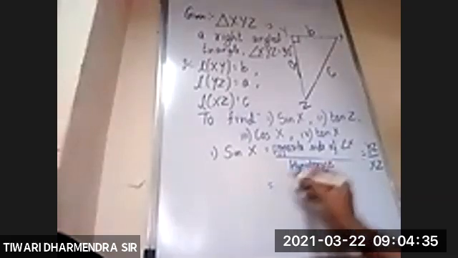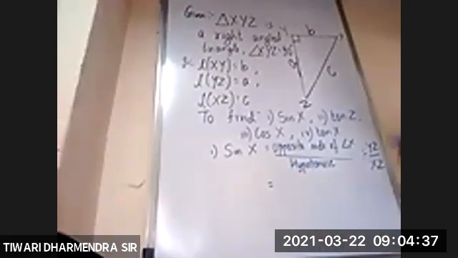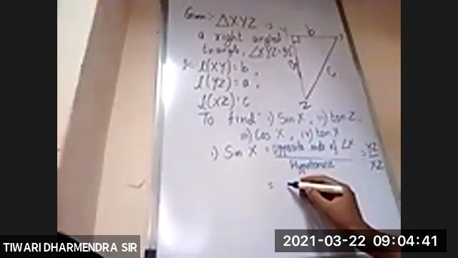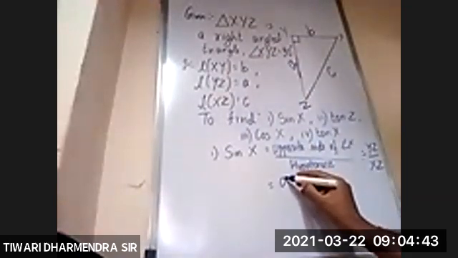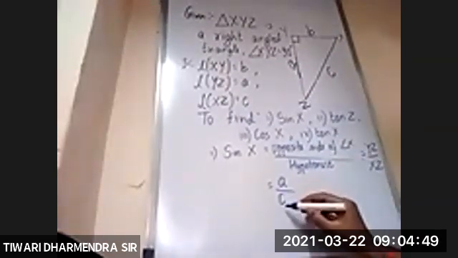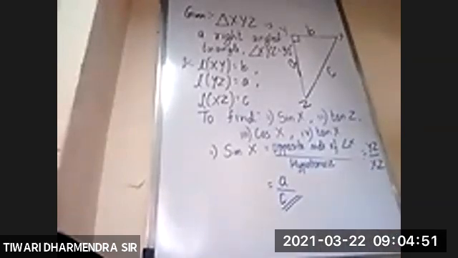So this is equal to the value of length YZ, which is a, divided by the hypotenuse, which is c. So this is the value for sine x.